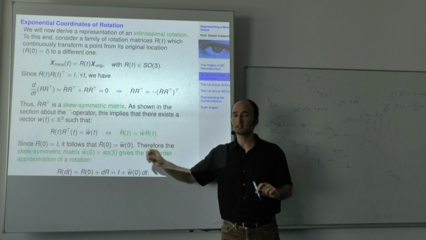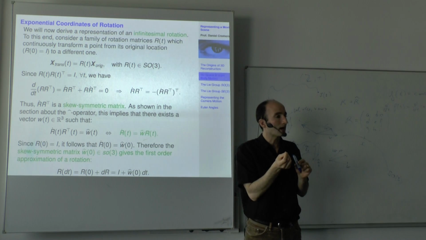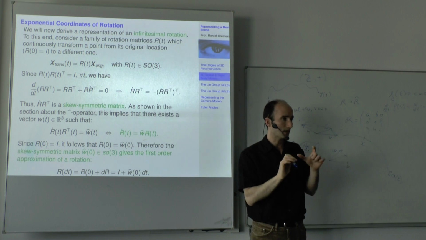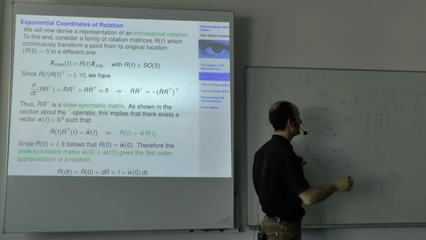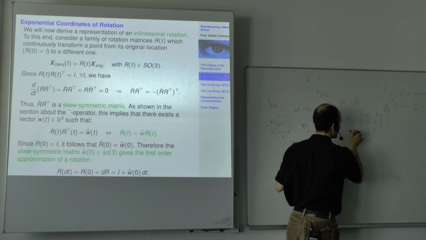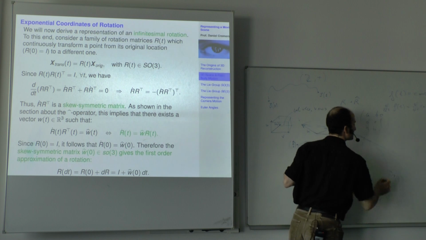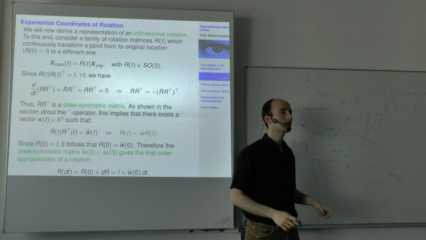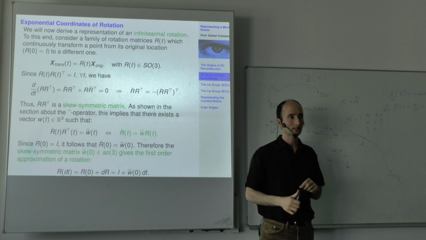Remember, R dot is dR by dt. How does R change with time? What is the change in rotation? And that basically means what we're looking at is the tangent space. We take the derivative at the unit matrix at 0.